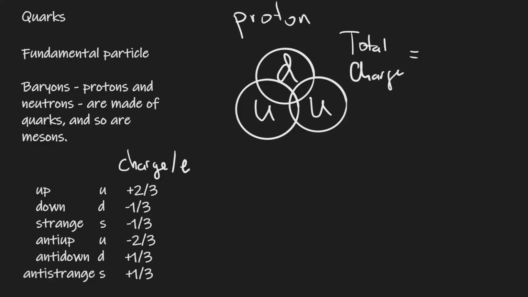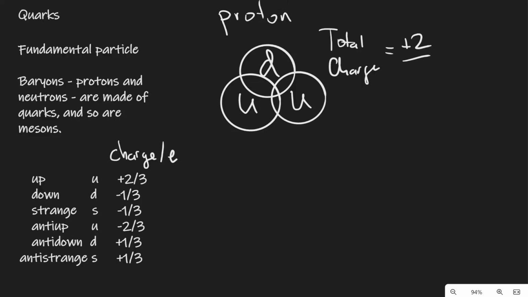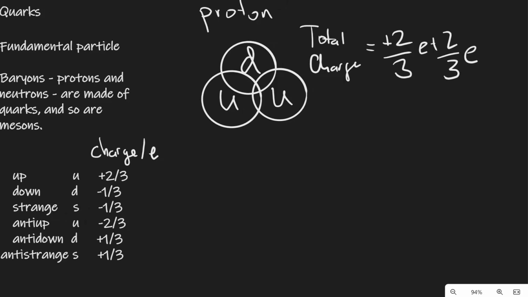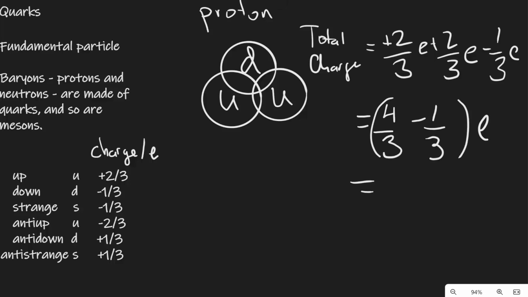Now, the charge of an up quark is plus 2/3 e, plus 2/3 e. And we also have a down quark, which is minus 1/3 e. So this together is equal to 4/3 e, take away 1/3 e, which equals 3/3, which is just e. So the charge on a proton is, well, plus the elementary charge.